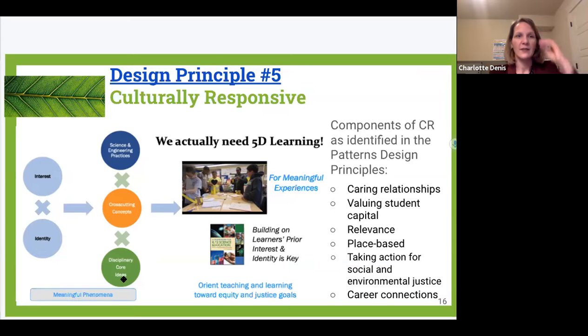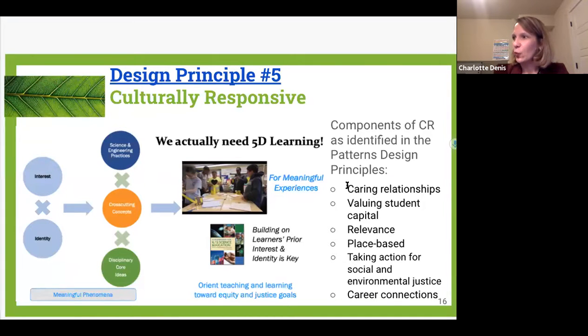But there is a growing movement of people who believe that we actually need 5D learning, incorporating also student interest and identity. And so we have to incorporate all of those things to have meaningful learning for students. And so when we design culturally responsive curriculum, we're actually doing that, incorporating interest and identity into our science.